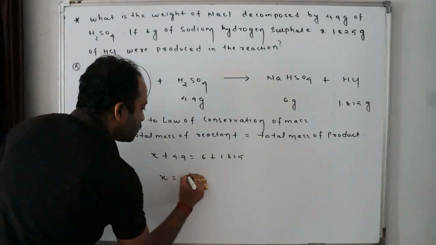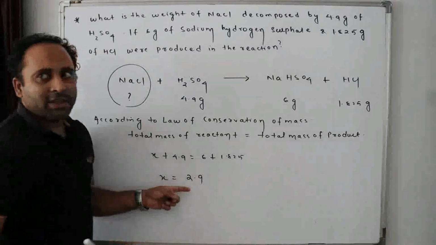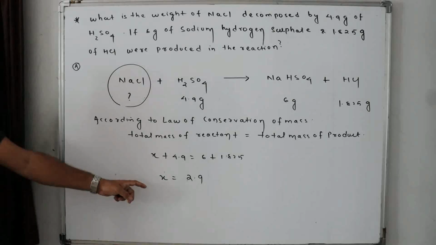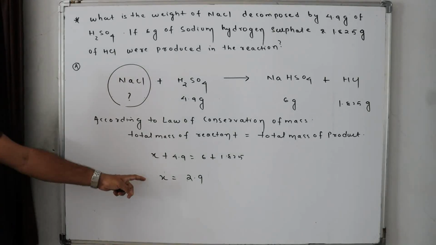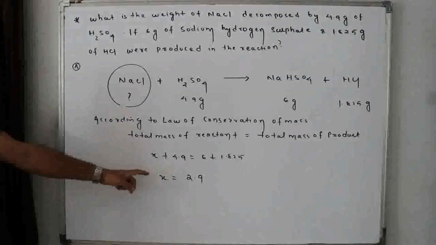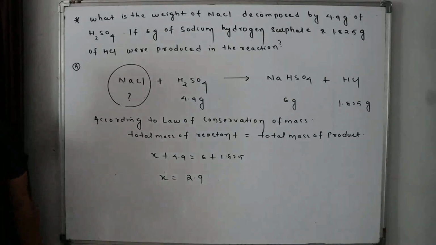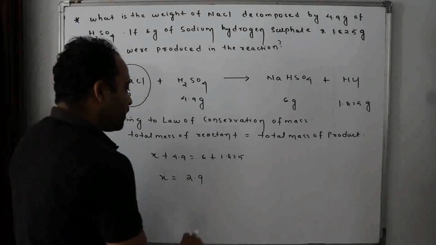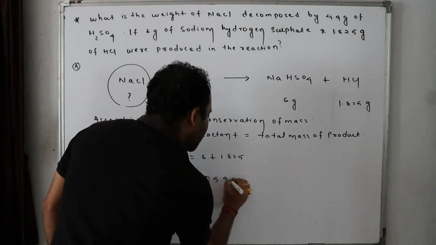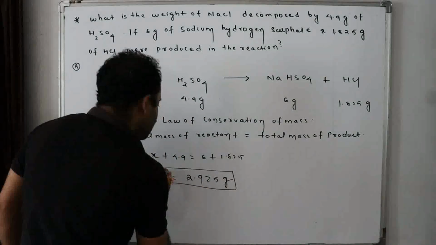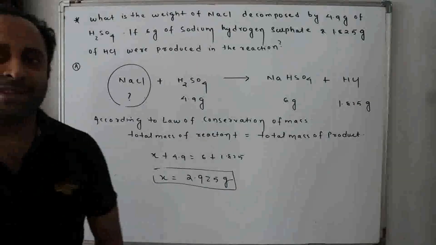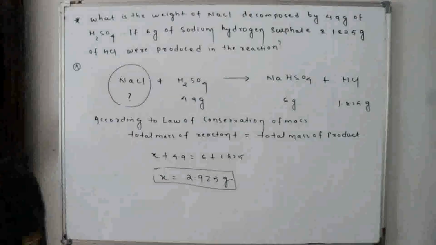So here X is equal to 2.9. You can just calculate it. It is approximately 2.9. Please calculate. Did you calculate? 2.925 grams. Such a simple and easy concept. Easy? Can we go for the next one?